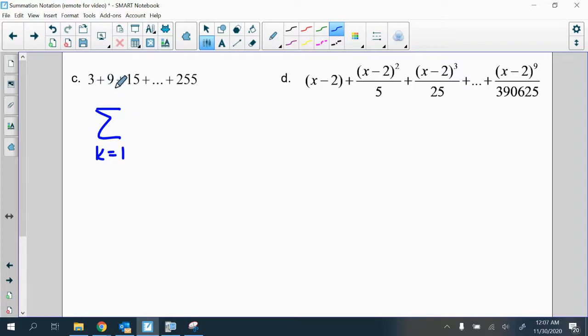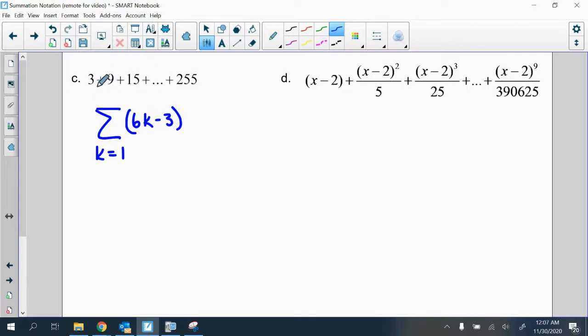It looks like I'm adding 6. So I need 6k minus 3, let's say. Because if I plug in 1, I get 6 minus 3, which is 3. If I plug in 2, I get 12 minus 3, which is 9, and so on.